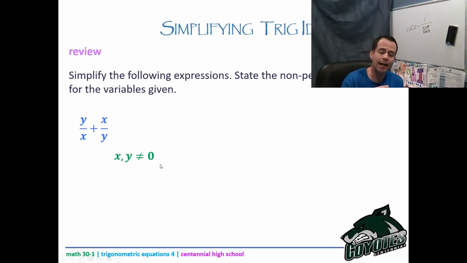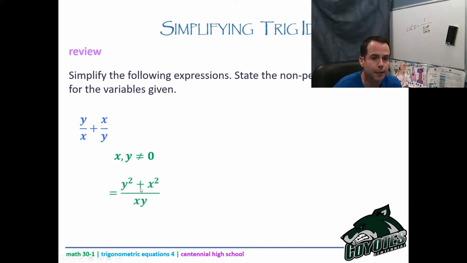Now, to add fractions together, I need a common denominator. So essentially, my common denominator here is going to be xy. This first fraction is missing the y on the bottom, so I multiply it by y over y. And this second fraction is missing the x on the bottom, so I multiply it by x over x. Remember, when you're dealing with fractions, whatever you do to the bottom, you have to do to the top.